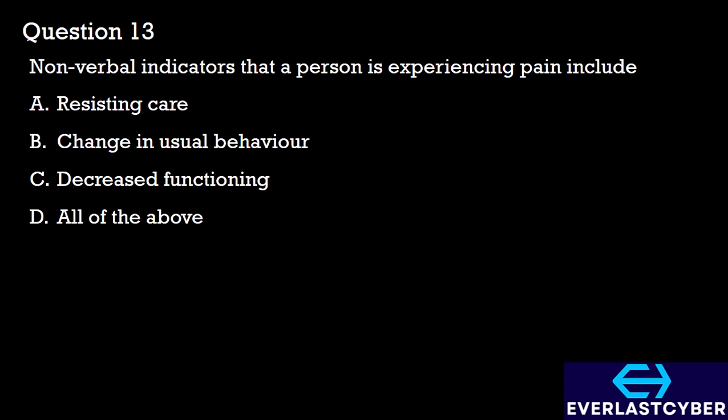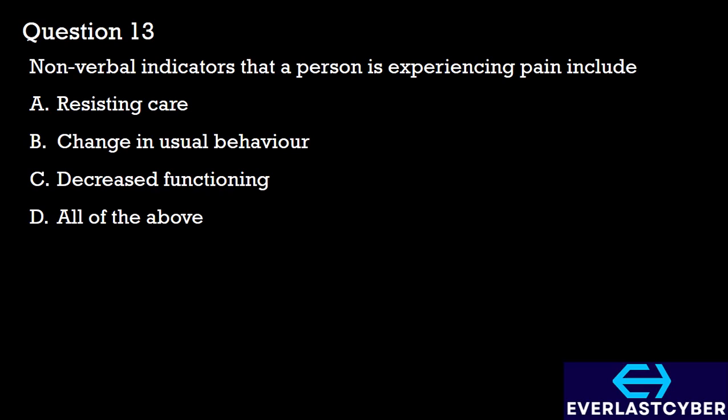Nonverbal indicators that a person is experiencing pain may include a variety of physical and behavioral changes, and these can include resisting care, change in usual behavior, and decreased functioning. A person in pain may resist care because they associate it with discomfort or because moving or being touched exacerbates their pain. Pain can also lead to changes in a person's typical behavior, such as becoming more withdrawn, irritable, or agitated.